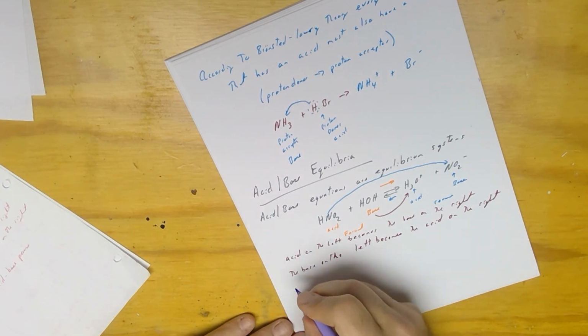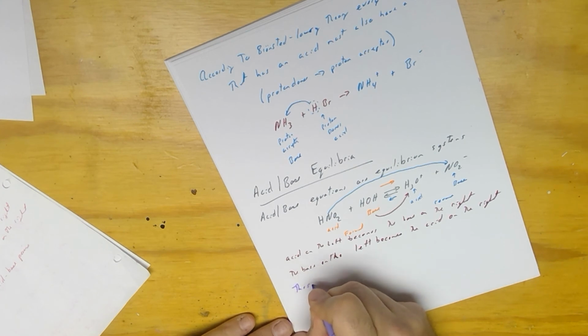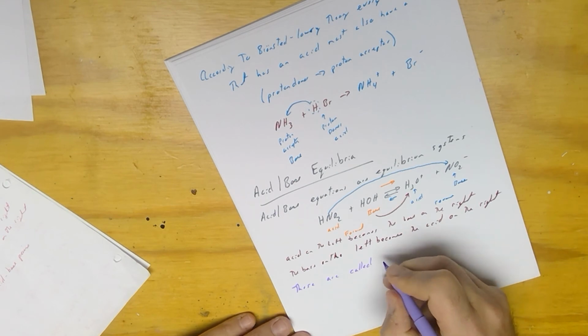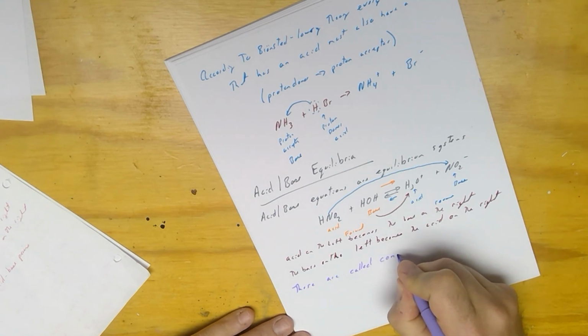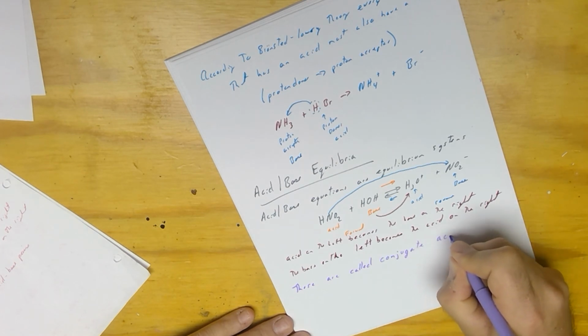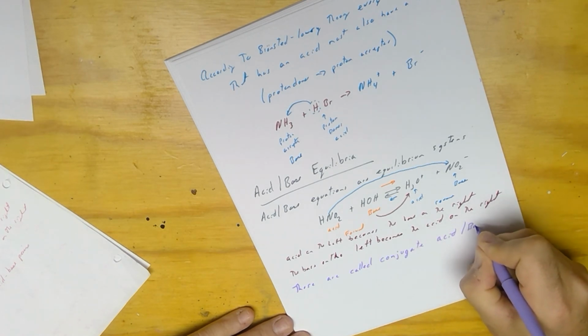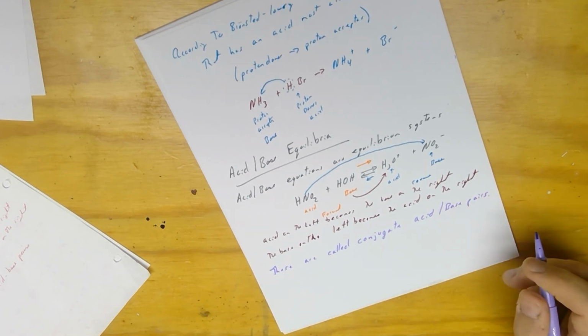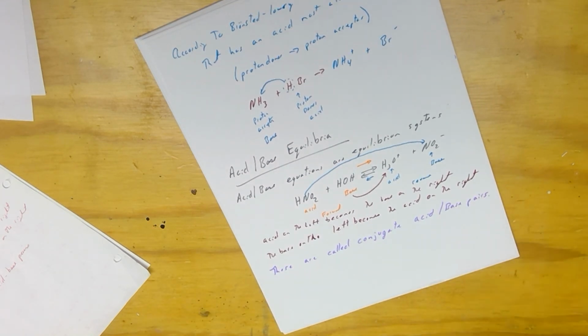These are called conjugate acid base pairs. They're called conjugate acid base pairs.